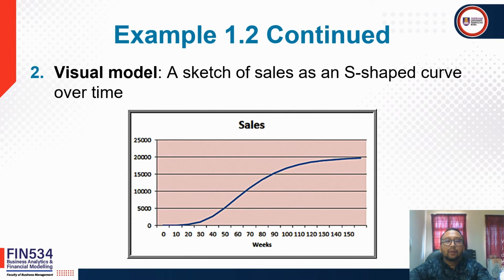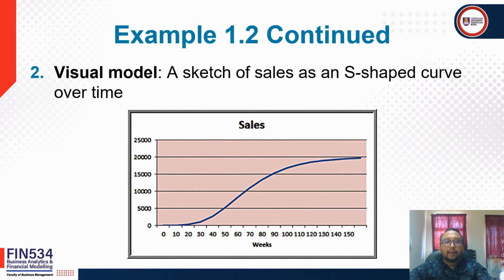And then if we want to explain by using a visual model, this is an example of how we explain the previous sales pattern, by having the curve. A sketch of sales as an S-shaped curve over time.